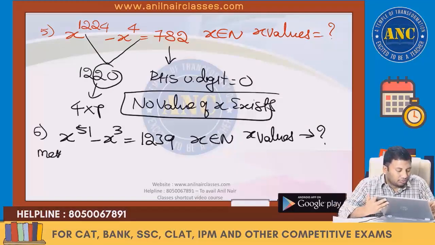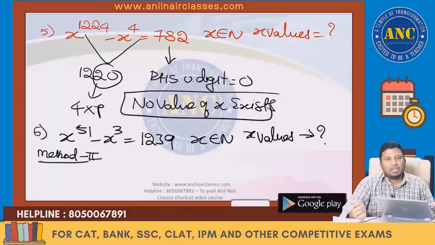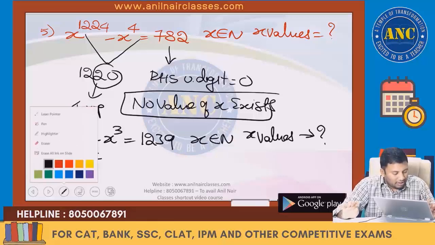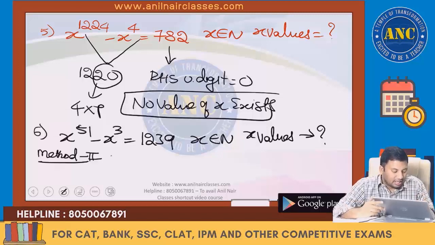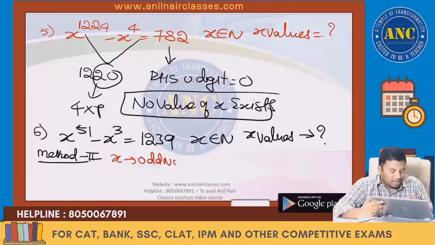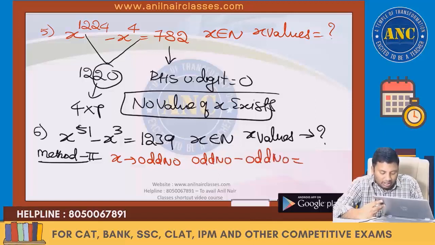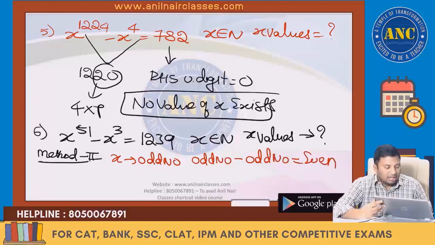Method 2. X power 51 minus x power 3 is 1239. How many values will x take? See here. If x is an odd number, an odd number to any power is an odd number, and odd minus odd is an even number.